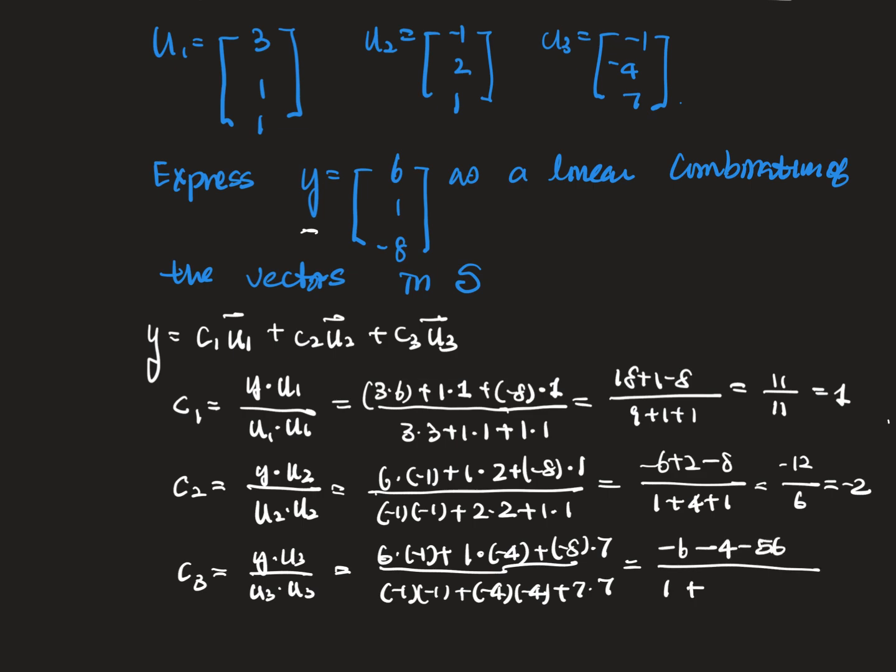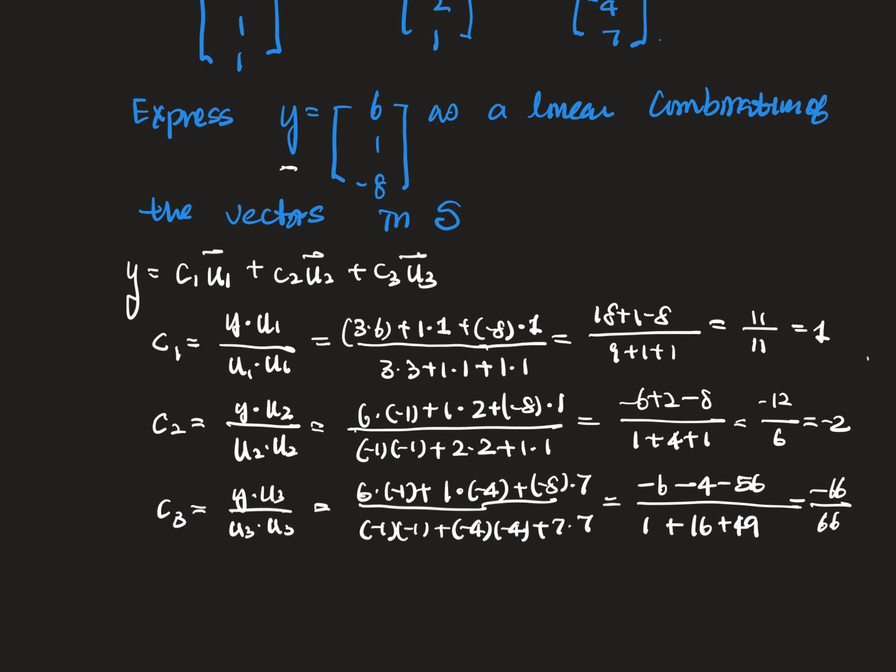The bottom is 1 plus 16 plus 49. So the top is negative 66 and the bottom is 66, right? So this is negative 1.